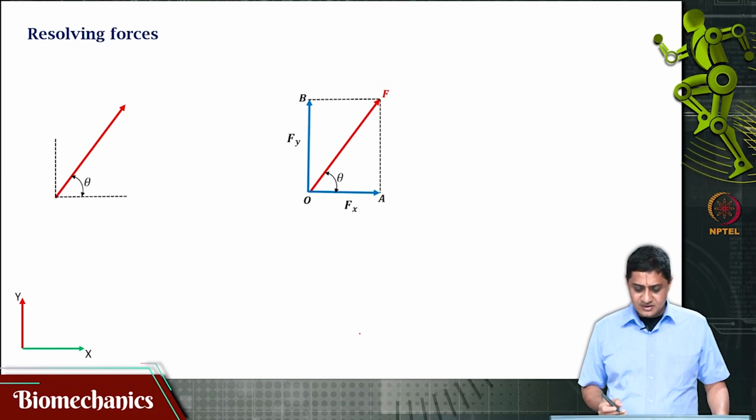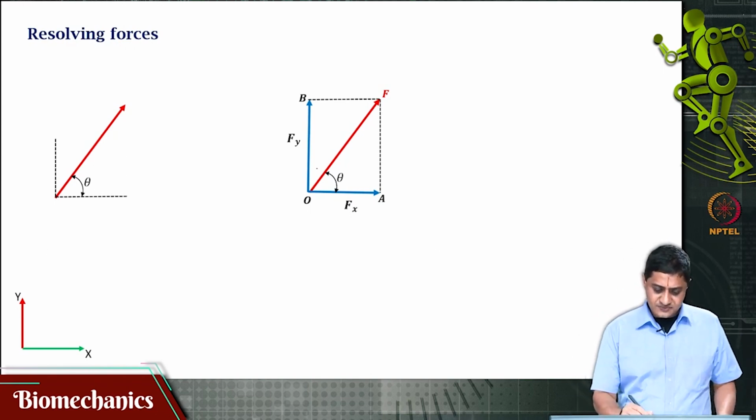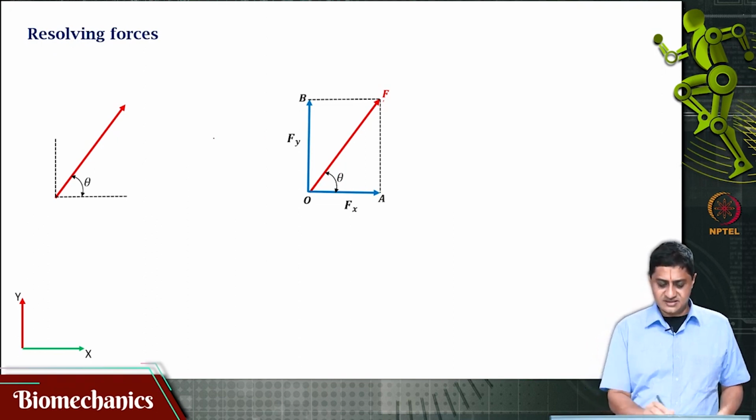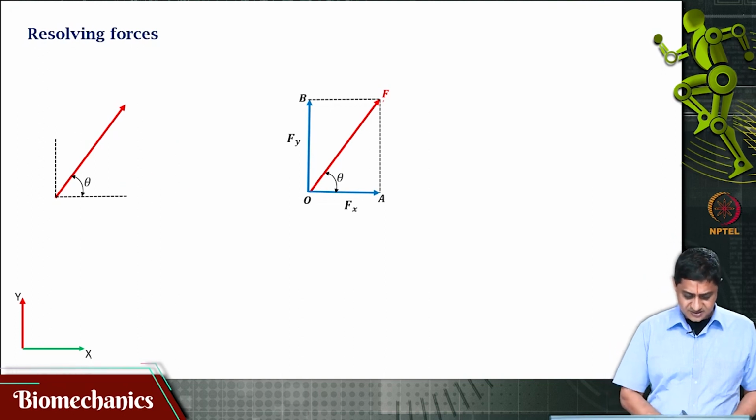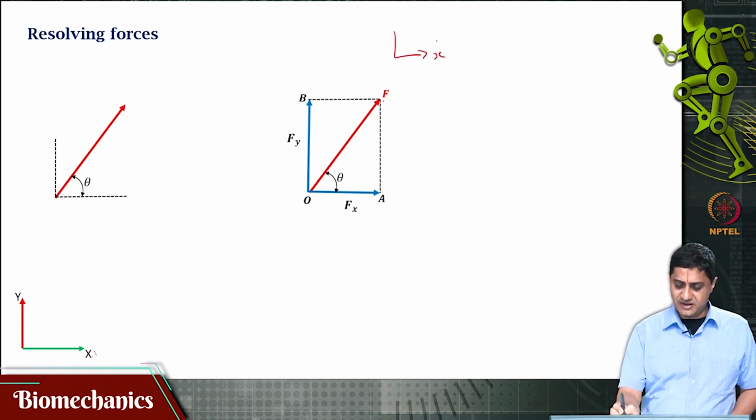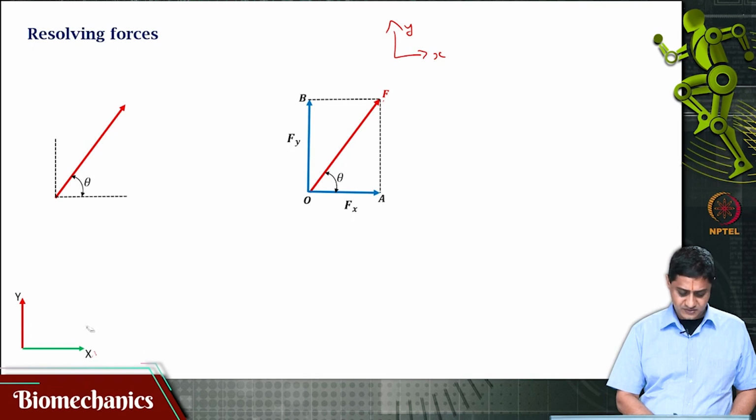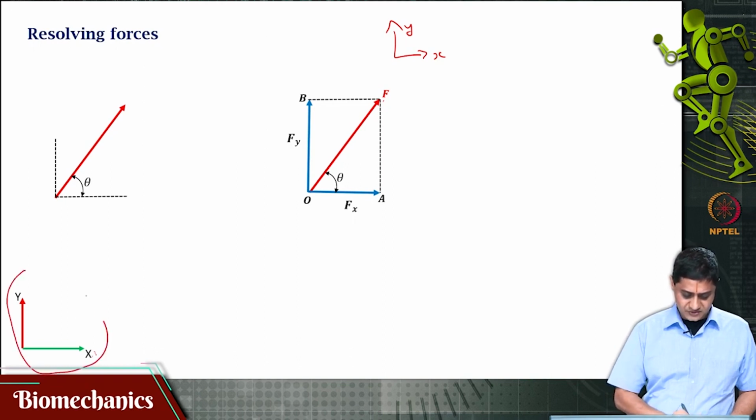Let us assume there is a force F acting in this direction shown. That direction is given by some theta to the x axis. The xy axis is given here. Anyway, I am writing it again, it is already given here. So that is the xy axis.